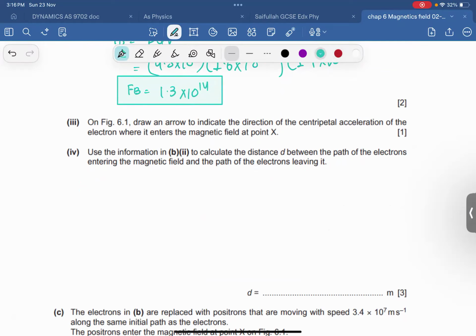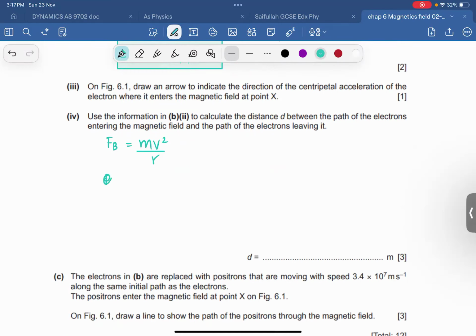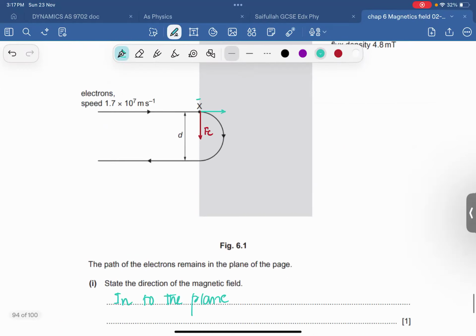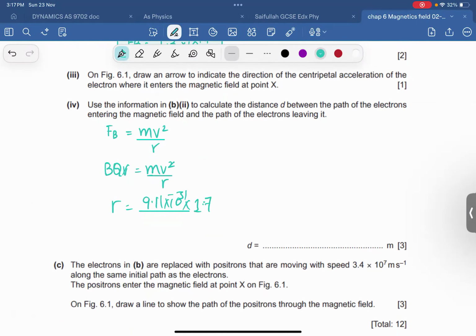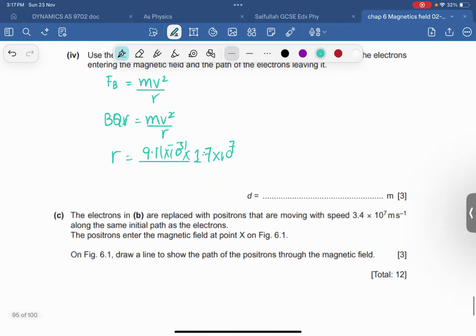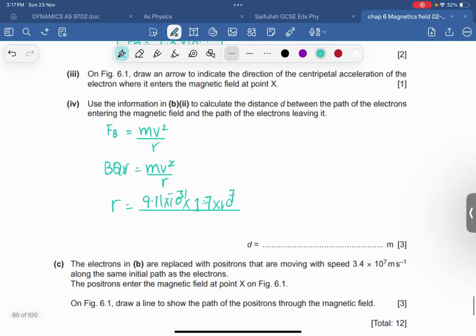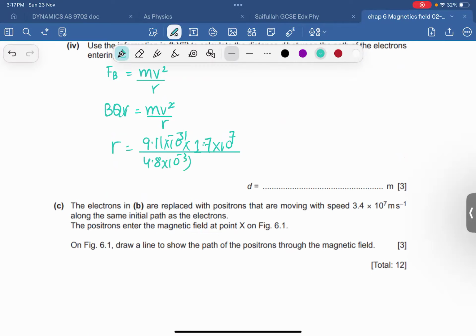So you can say that F_B is equal to mv squared over r, so BQV is equal to mv squared over r, and r is going to be, so the mass of the electron would be 9.11 exponent negative 31, times the velocity, which is 1.7 exponent 7, divided by B, which is 4.8 exponent negative 3, and Q is 1.6 exponent negative 19, okay?